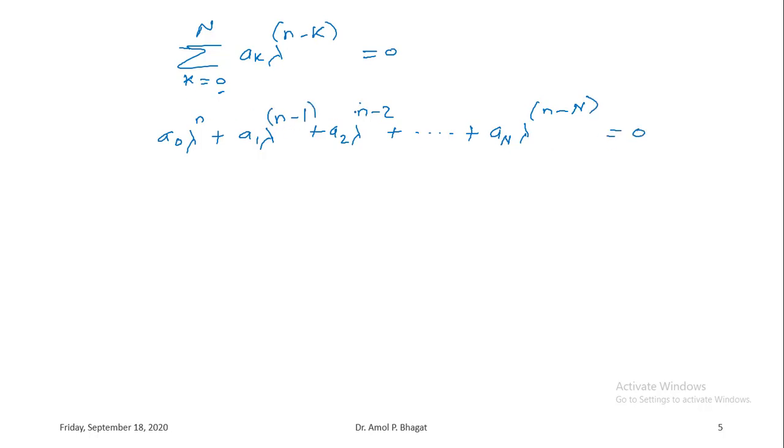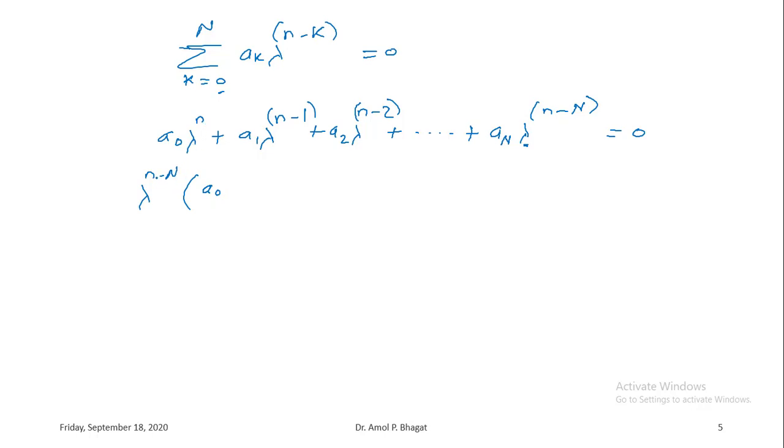Okay, so here you can take this lambda to the power n minus n common from these terms. If I'm taking this lambda to the power n minus n outside the bracket, in the bracket I'll get simply a0. So it will be simply a0 lambda to the power n.